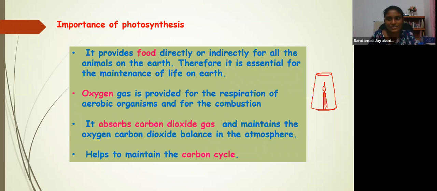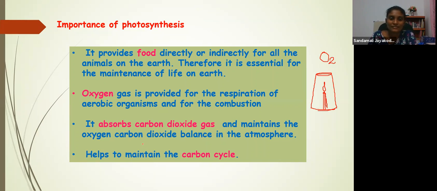Then we will observe that the flame is going to be lower and lower, and finally it is blown out. So the reason is oxygen gas is required for combustion.